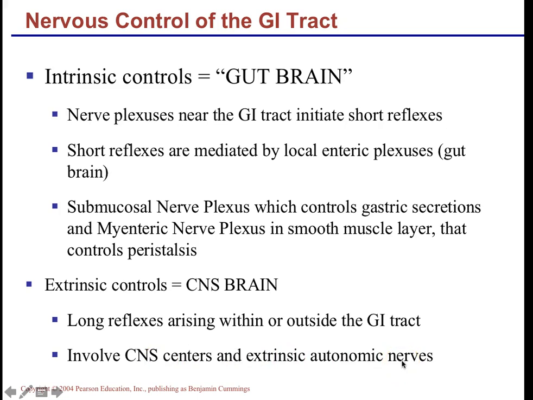Since sympathetic and parasympathetic are what can overall control digestion, your autonomic nervous system is going to be different. Your parasympathetic is going to enhance digestion, and your sympathetic is going to inhibit it. And we'll talk a little bit more about that in a sec.